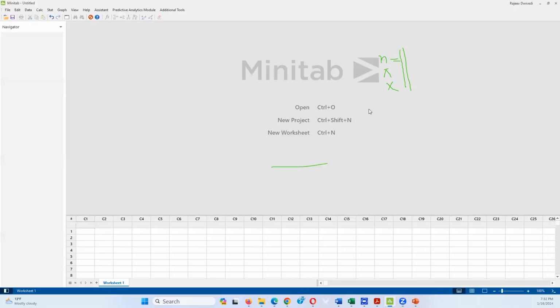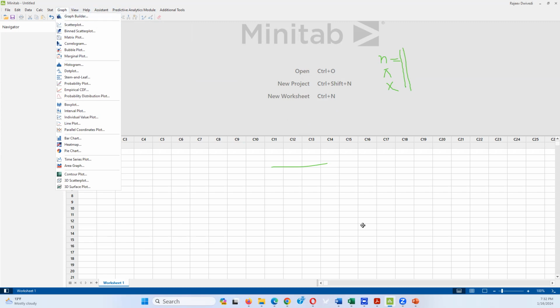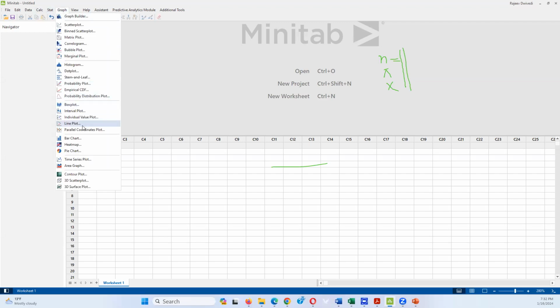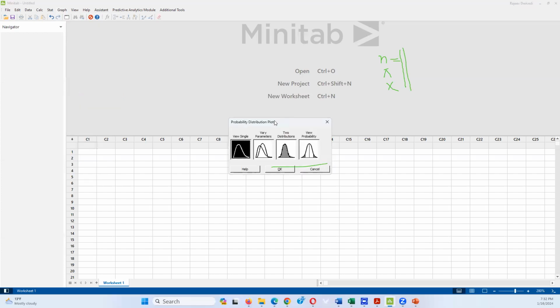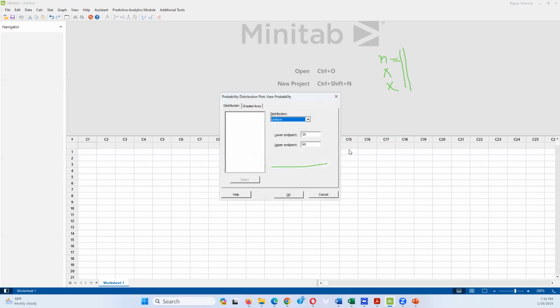Okay, this is Minitab. Can you see my Minitab? Okay, under Graphs, this is Probability Distribution. You always use this option, the last option, and click OK.